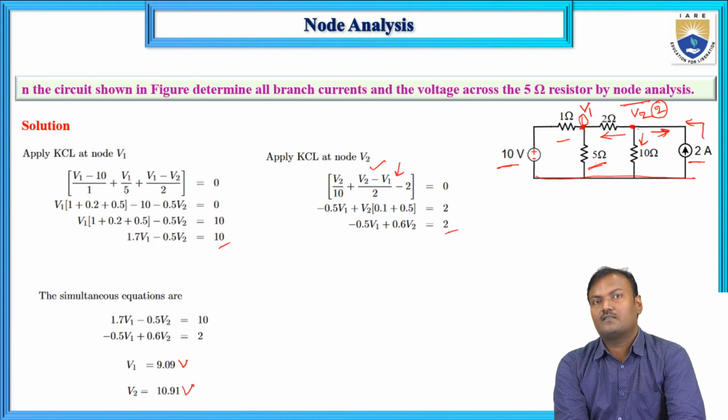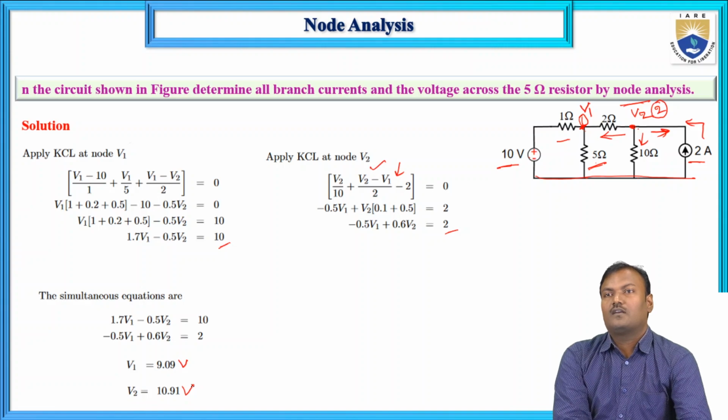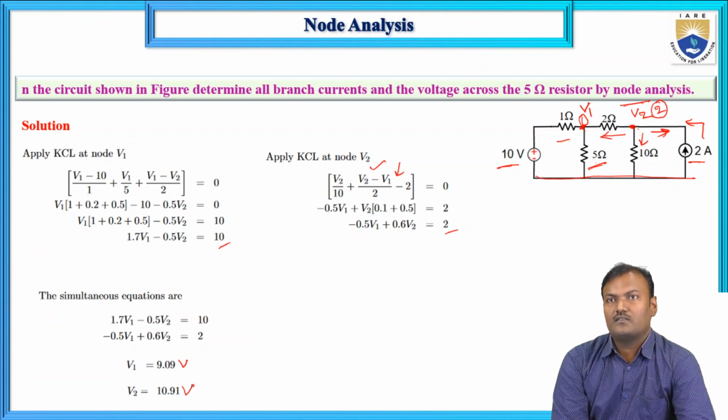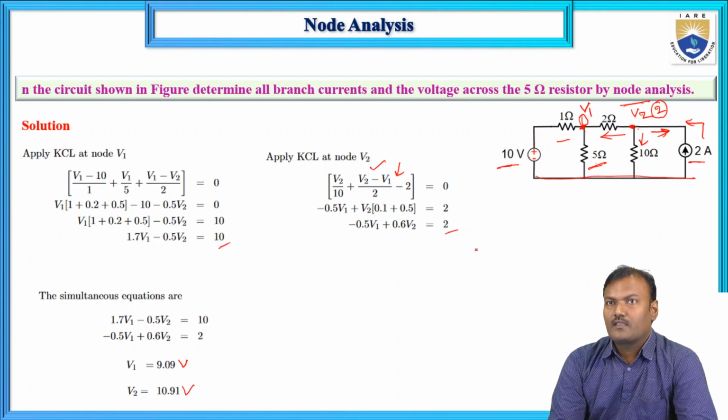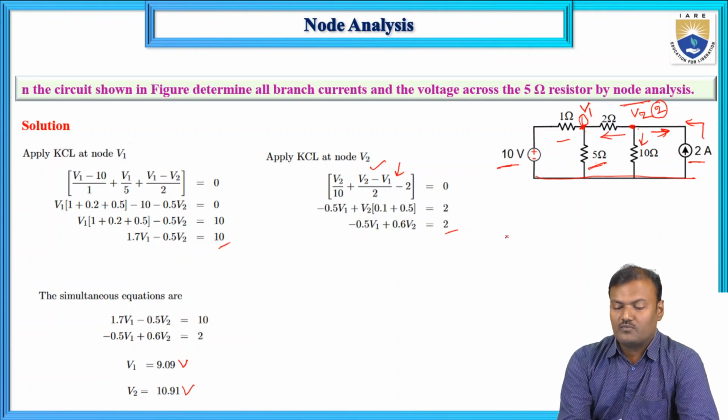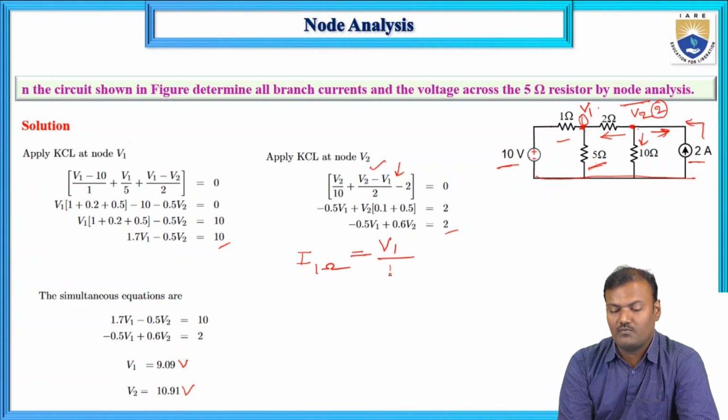After obtaining these values of nodal voltages, we can calculate the branch currents and then the voltage across 5 ohms. Let us say the current flowing through 1 ohm is V1 divided by 1.